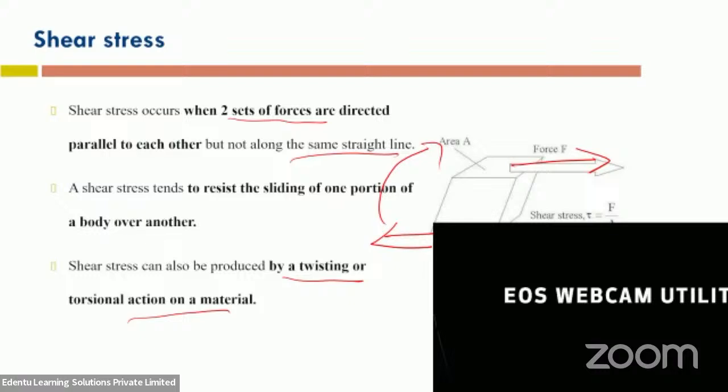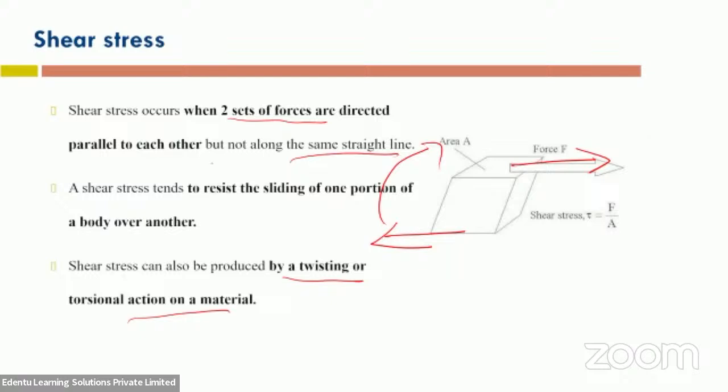Another thing is that it resists the sliding of one portion of the body over the other. So the compressive stress causes compression of the material. The tensile stress causes elongation of the material. Shear stress causes the torsional or slight twisting of the material. You can see the material getting twisted.